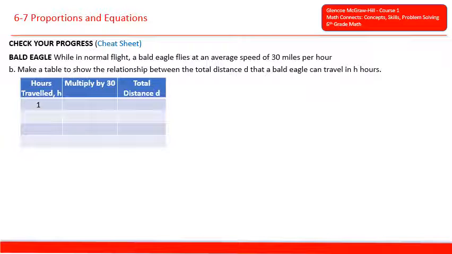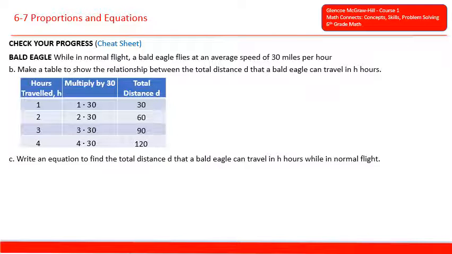So in 1 hour, an eagle can travel 30 miles. In 2 hours, we multiply 30 miles times 2 equals 60 miles. 3 hours times 30, 90 miles. 4 hours times 30, 120 miles.